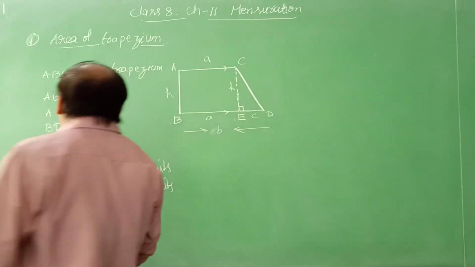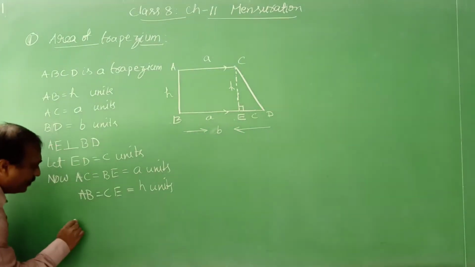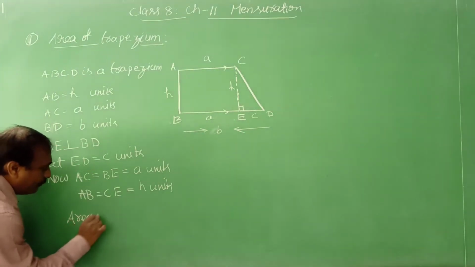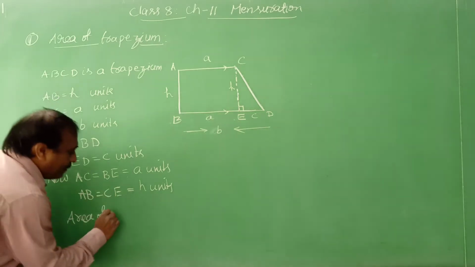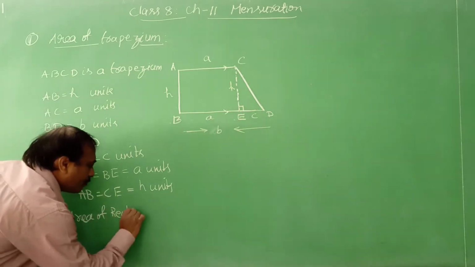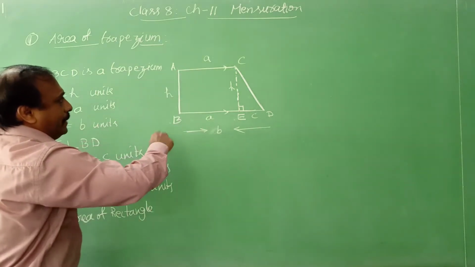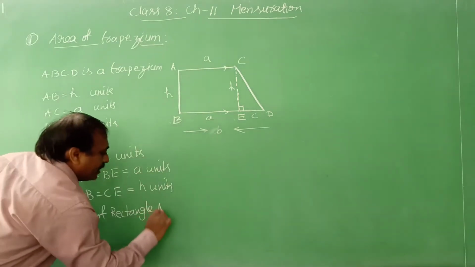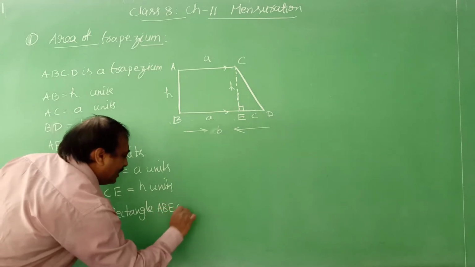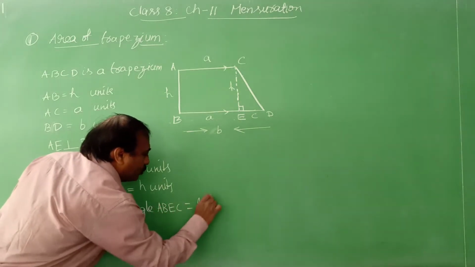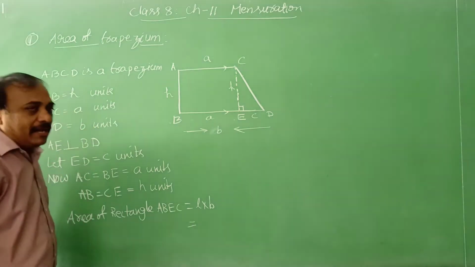So now we are calculating the area of the rectangle. Which is the rectangle here? ABEC, which is equal to length into breadth, the actual formula.